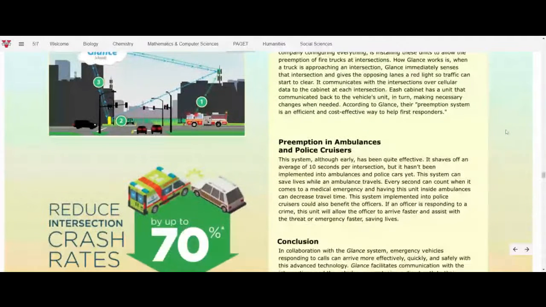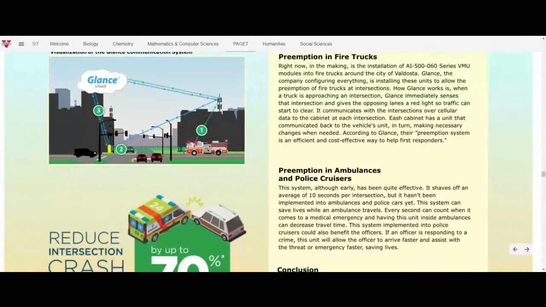What these preemption units do is they communicate to intersections around Valdosta. Whenever there's an emergency and the preemption unit is active, the intersection will change green for these emergency vehicles to help eliminate collisions, because if they have to run a red light, that can be really dangerous.